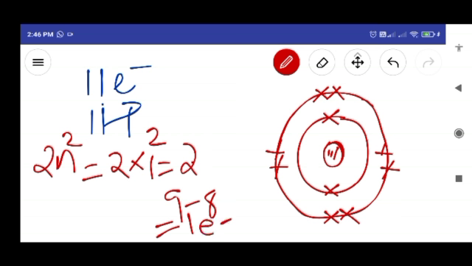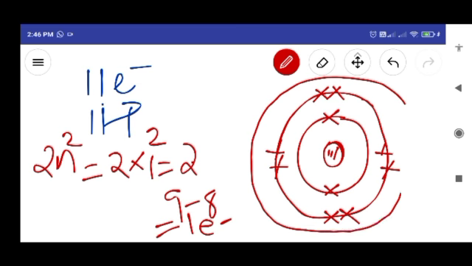So 1 electron will be accommodated in which shell? The third shell, that is M shell. 1 electron. So this is the general structure of a sodium atom. If the atomic number is given, you have to identify that the atomic number is none other than the number of electrons. So don't be confused. You have to draw like this. Like this method, you can draw any atom.